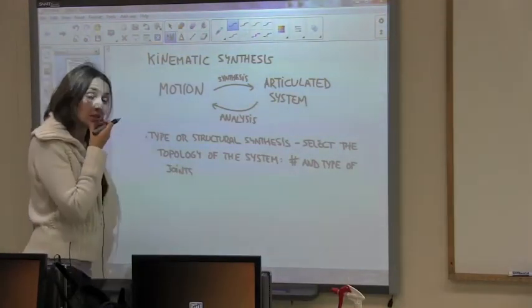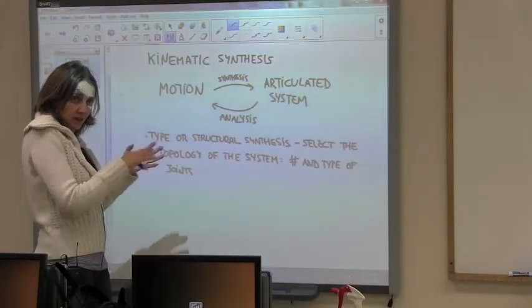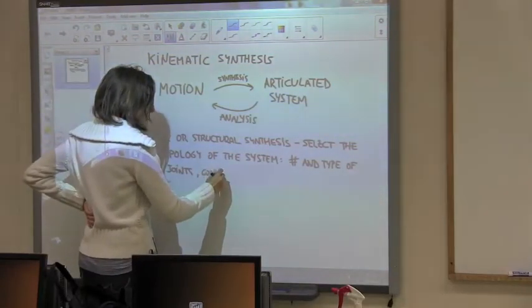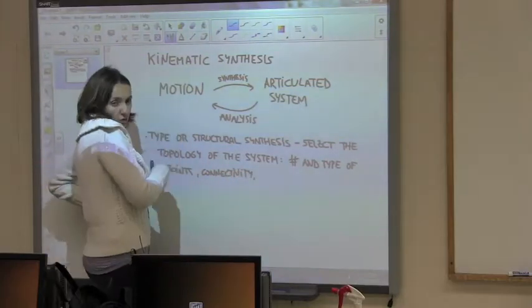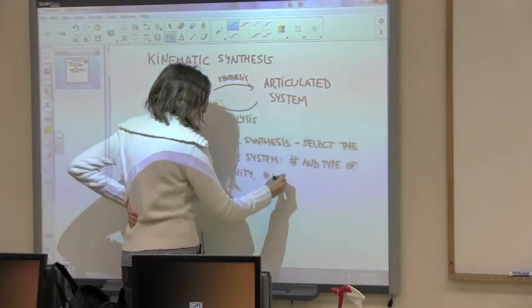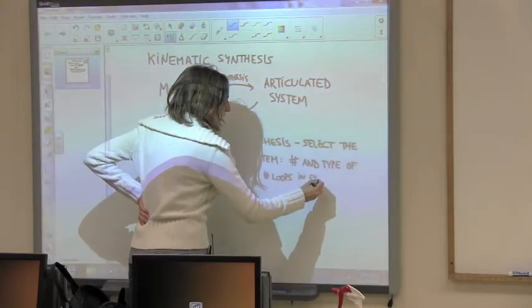Number and type of joints, the connectivity between them. It's basically just the graph, right? So this joint comes after this one, and then the number of loops, which is given by this connectivity in the system. So basically defining your graph.